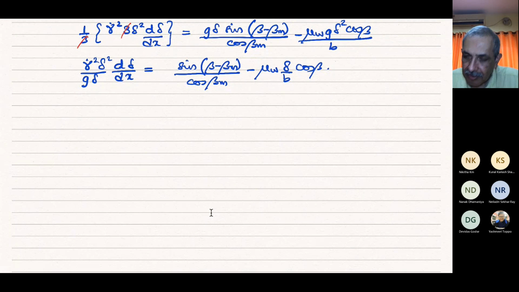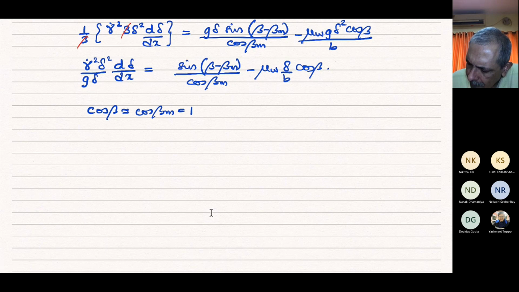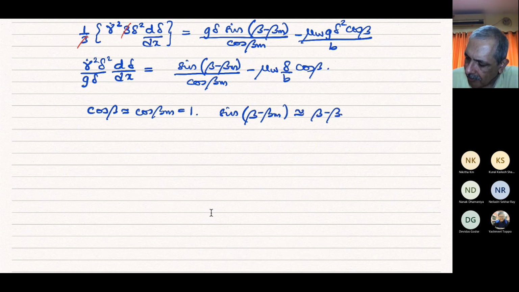If we simplify this out a little bit, as we had done in all the other cases, we'll put, let's say, cos beta is approximately 1. So that will simplify some things. And then we put sine of beta minus beta m is approximately equal to beta minus beta m.